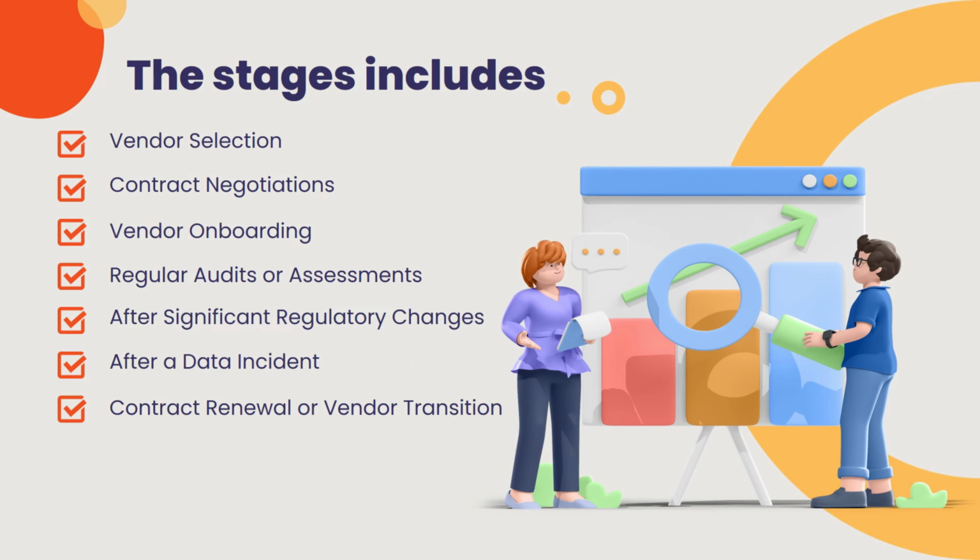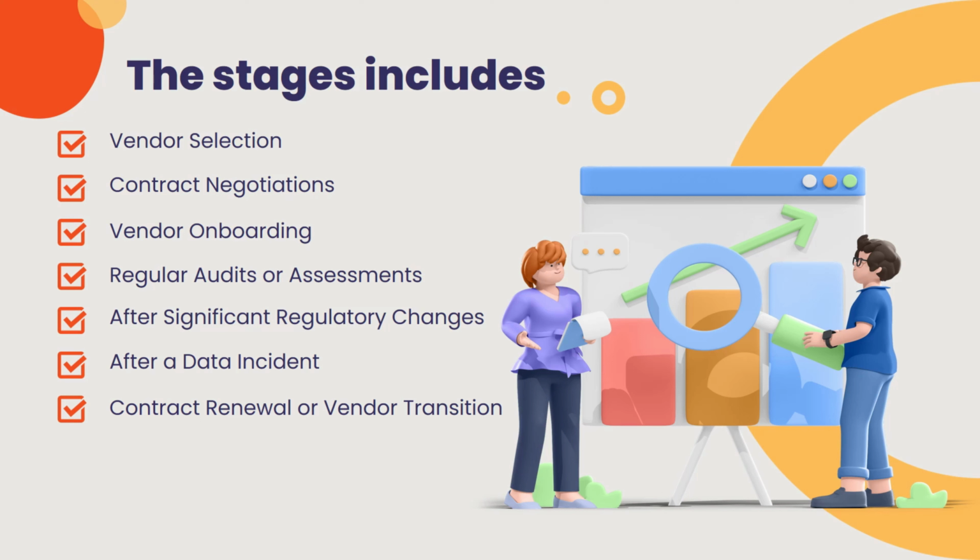There are 7 stages. Number 1 is the vendor selection stage. Before you even start a formal relationship with the vendor, you should map the GDPR principles to their services to evaluate whether they can meet your data protection standards. This preliminary mapping can inform your decision-making process when selecting vendors.